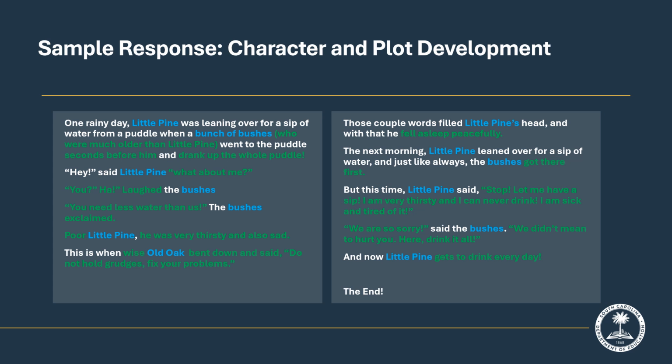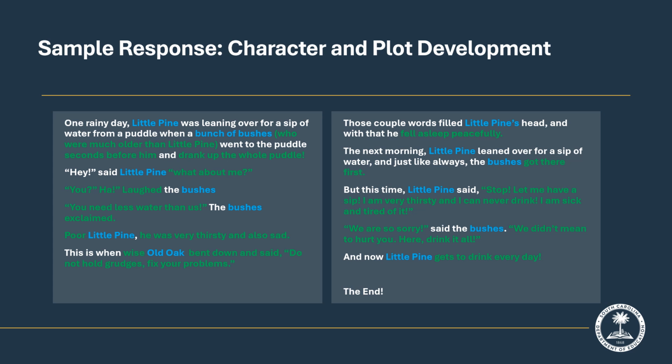Returning to the student's TDW sample, let's examine character and plot development. Notice how the student develops the characters. The characters are in blue. Through description, dialogue, direct characterization, and indirect characterization in green, the student develops Little Pine, Old Oak, and the bushes.